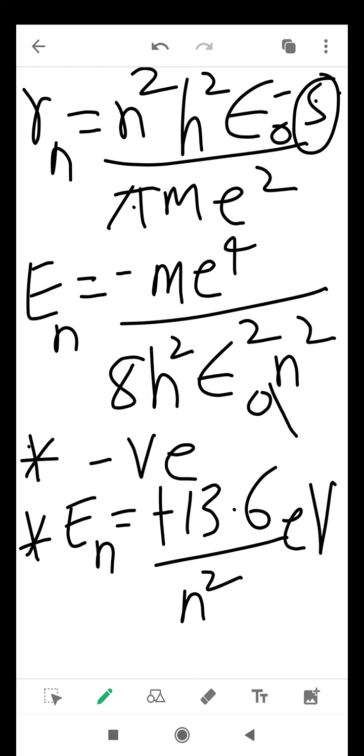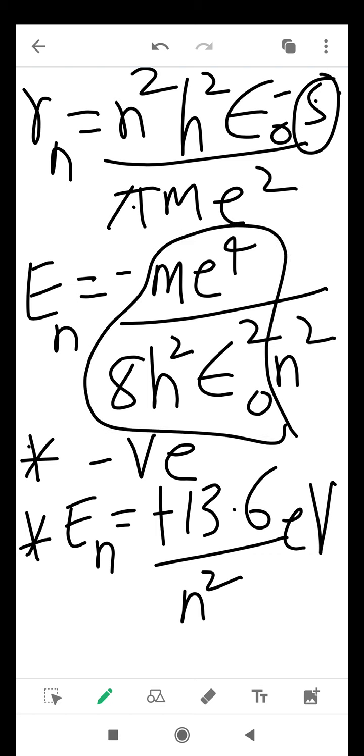By substituting the constant values here we'll get the value of En. So with respect to the n square values, En is equal to minus 13.6 divided by n square electron volt. If it is positive, what happens here? The electron can be taken far away from its orbit if external energy of this much is supplied to it.